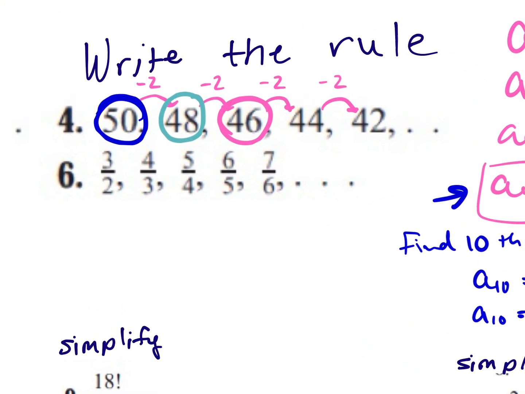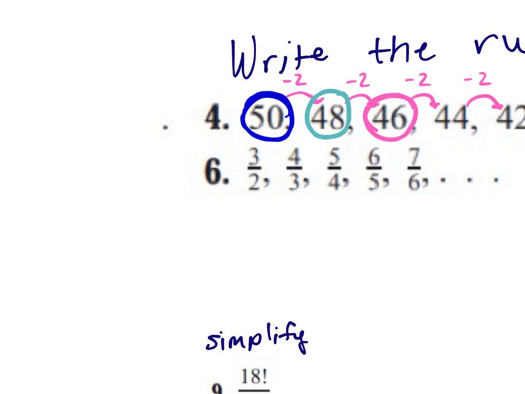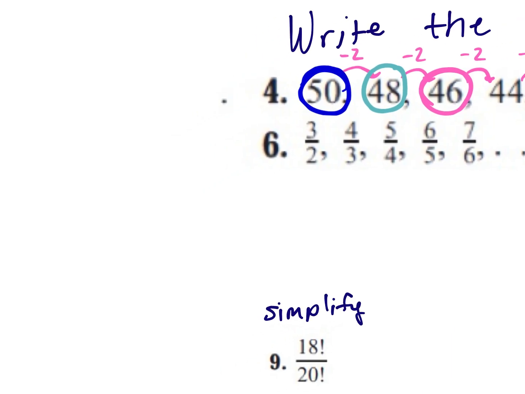So for number 6, let's see. I'm not sure if this is a geometric or an arithmetic sequence, but let's check. So we can do the second term divided by the first, 4 over 3 divided by 3 over 2. So keep change flip. 8 over 9.